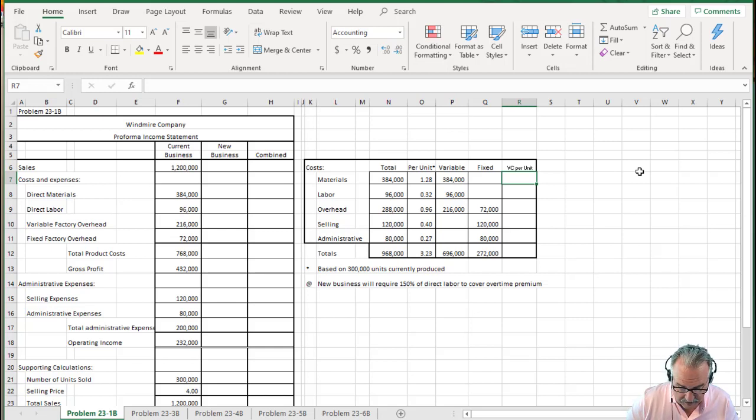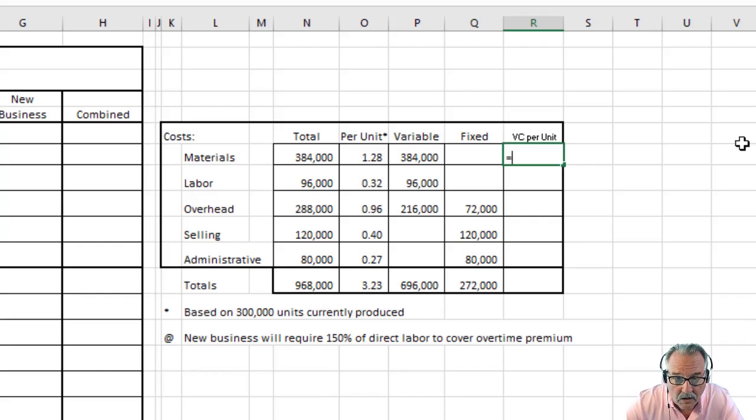So first thing I'm going to do is calculate the variable cost per unit. For direct materials, it's going to be the same as the per unit amount we've already calculated. Because materials and labor are totally variable, we get the same $1.28 and 32 cents.